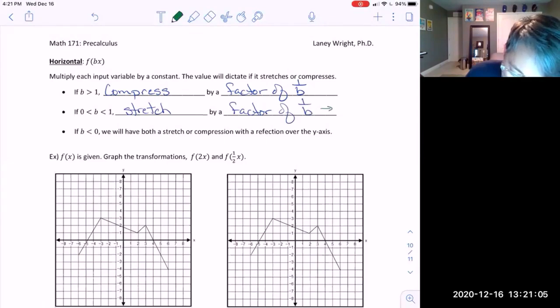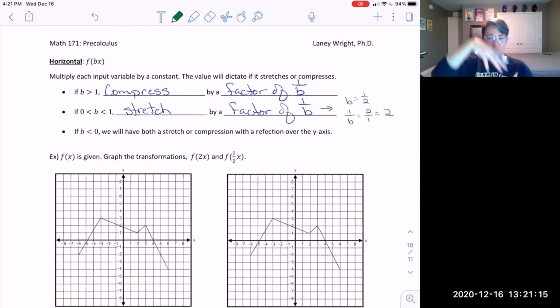Just remember, if b, let's say, is 1/2, then 1/b is the reciprocal 2/1. So that's why it's stretching by a factor of the reciprocal. And again, if b is also negative, then we have either a stretch or compression with the reflection over the y-axis.